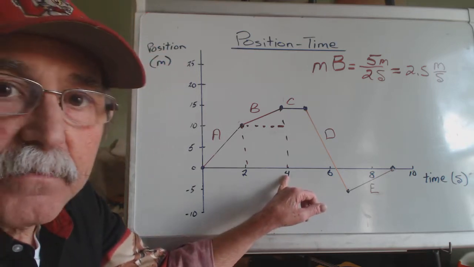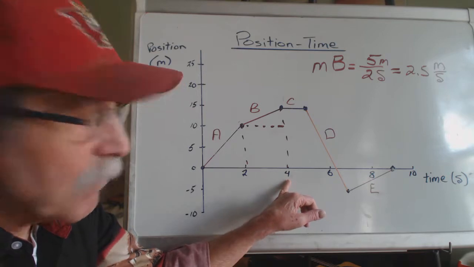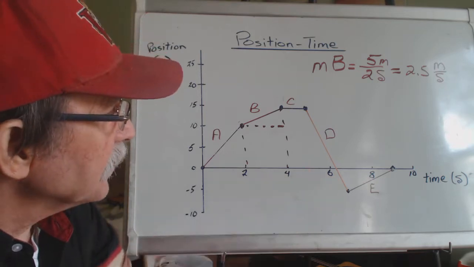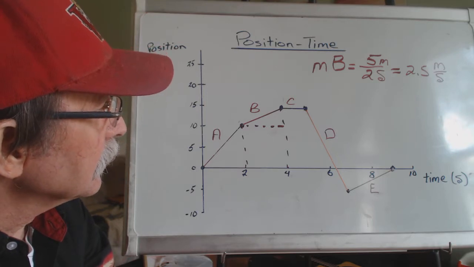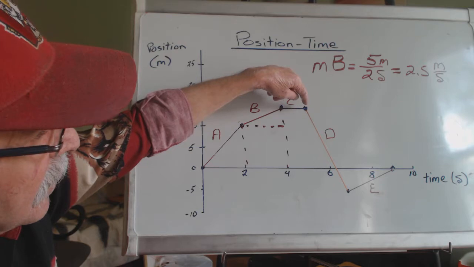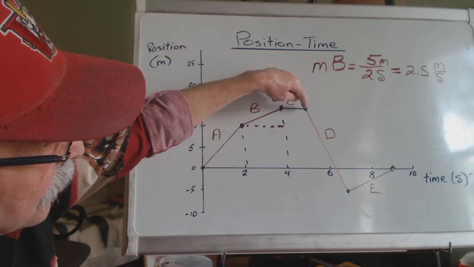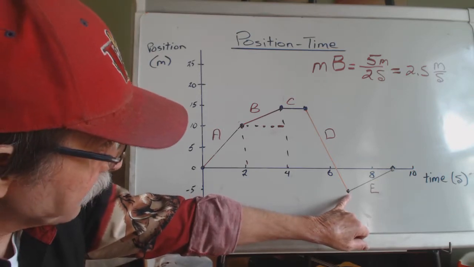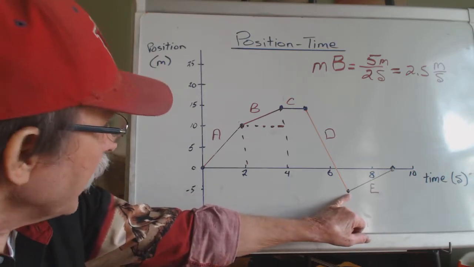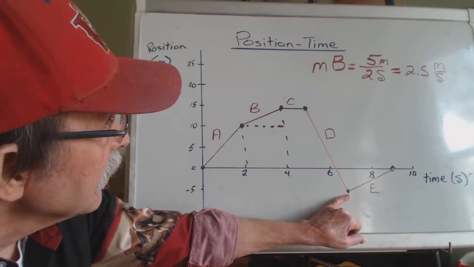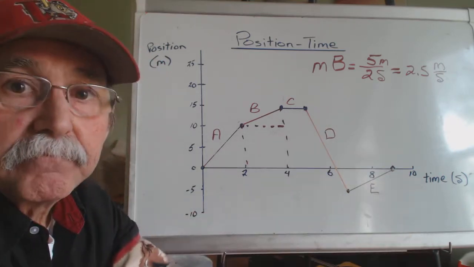At the 4-second mark, it remained stopped or at rest for 1 second, at which time at the 5-second mark, it reversed its direction, went 20 meters in the negative direction, ending up at the point -5 on the other side of the origin, and so on.